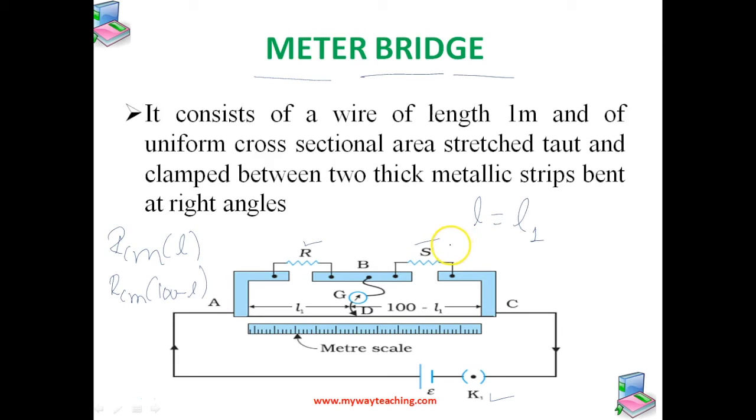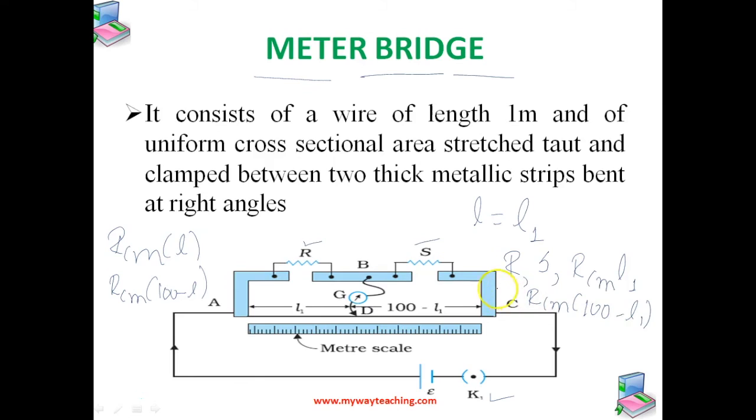The four resistances of the bridge at the balance point are R, S, R_cm L1 and R_cm (100 minus L1).